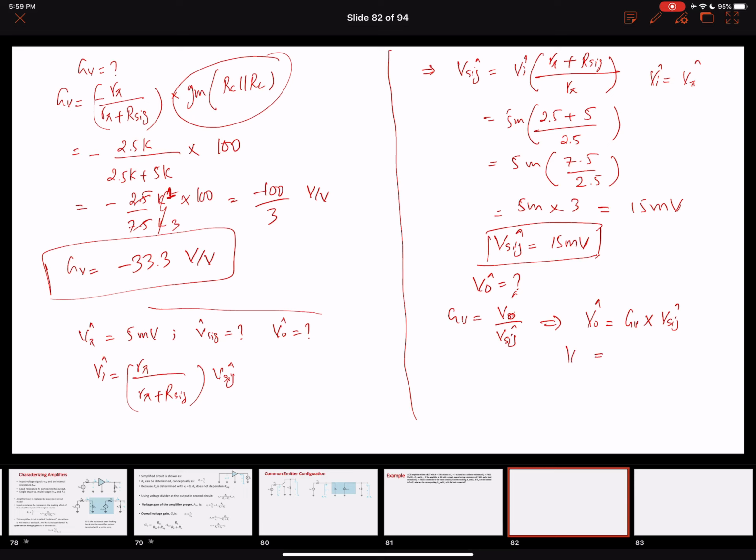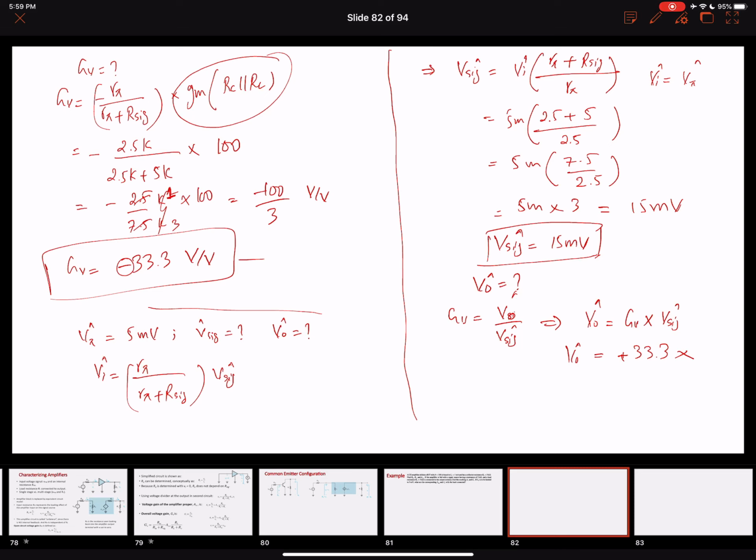So our V naught will be equal to minus 33.333 into V signal, which is 15 millivolts. We wanted to know the changes, right? So it can even be plus. The negative sign just indicates that our amplification over here is inverting.